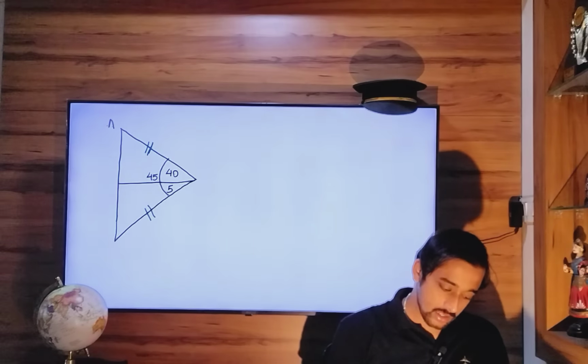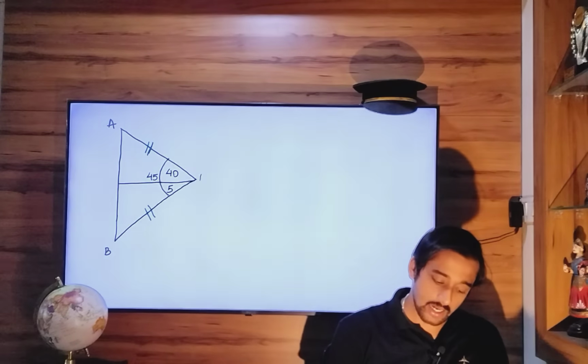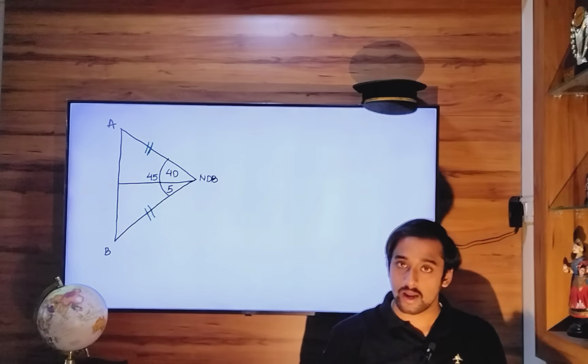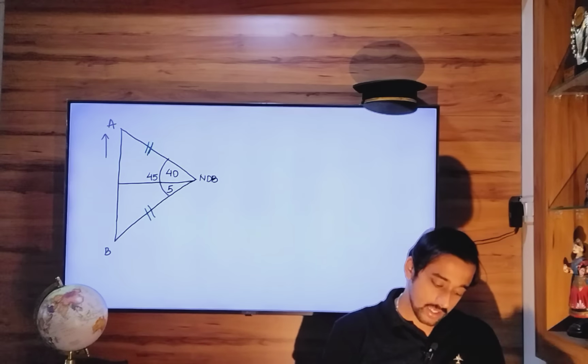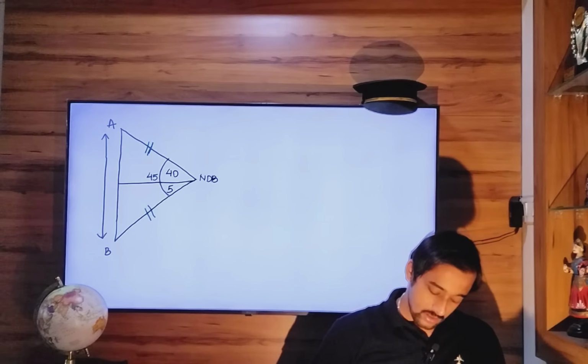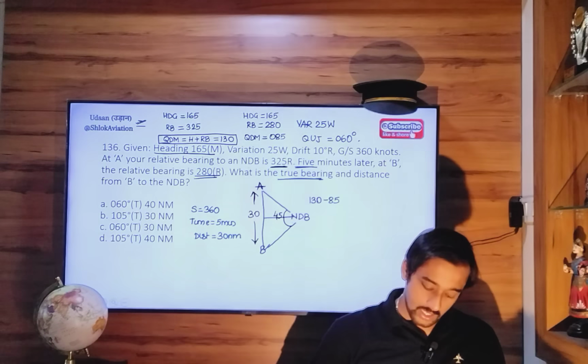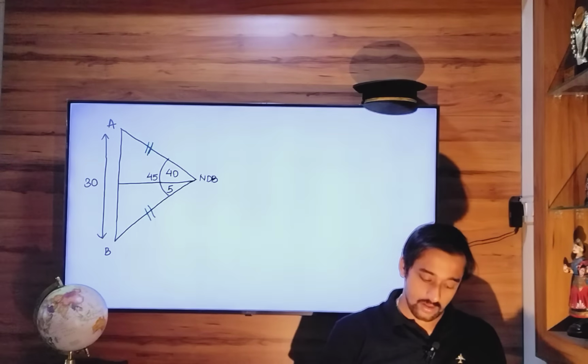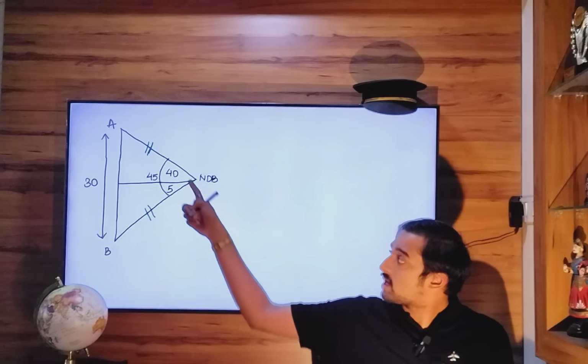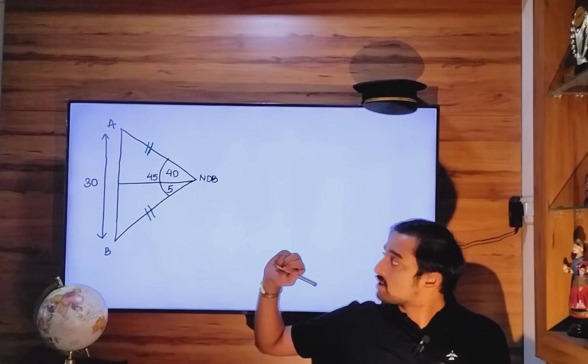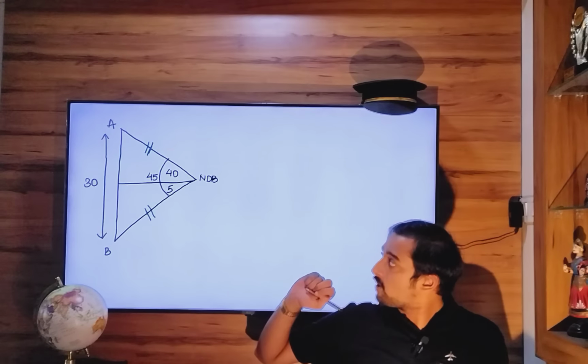This is A, this is B, this is your NDB station. Now the distance A to B is 30 nautical miles. These two sides will be equal. So how to find that?